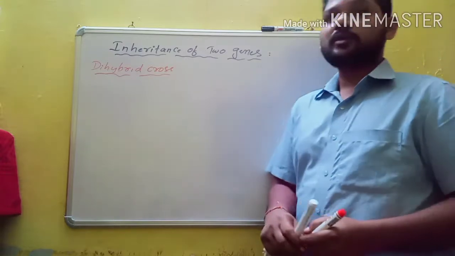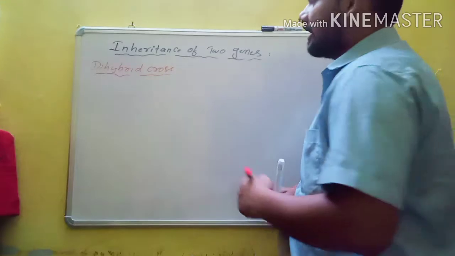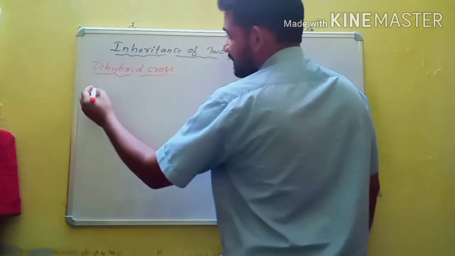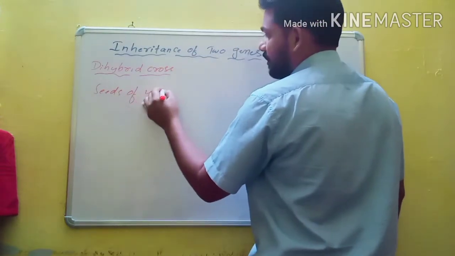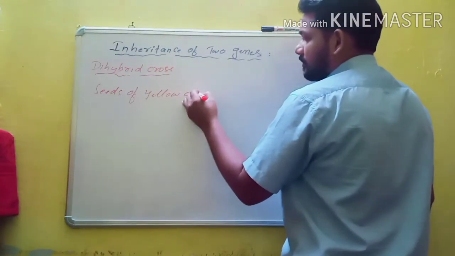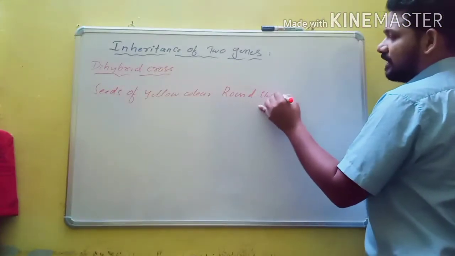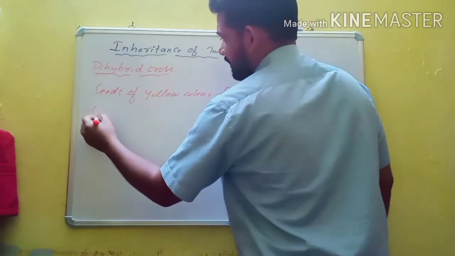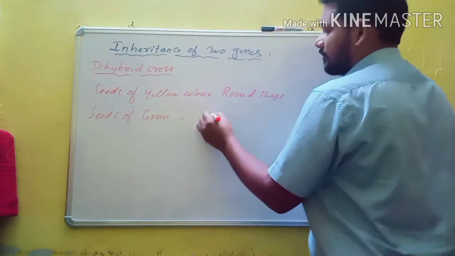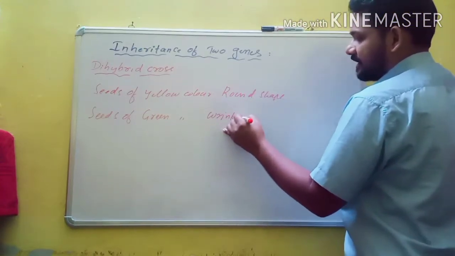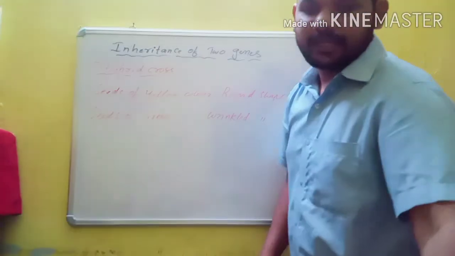Mendel also crossed pea plants that differed in two characters, like one plant with seeds of yellow color and round shape, and the next plant with seeds of green color and wrinkled shape.